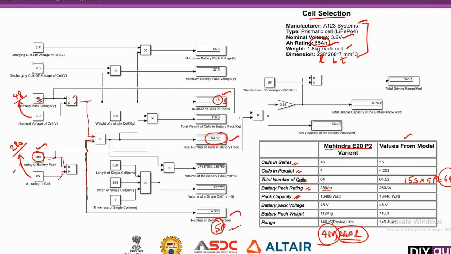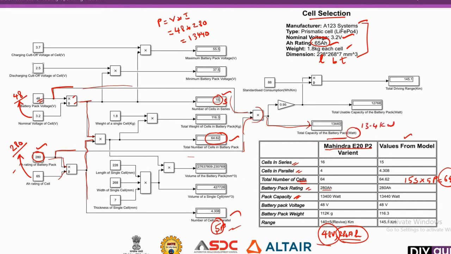We multiply the total voltage by the total current, since we know that power is equal to voltage into current. So we multiply 48 volt into 280 ampere hour, which gives 13440. So we get the total capacity of the battery pack.